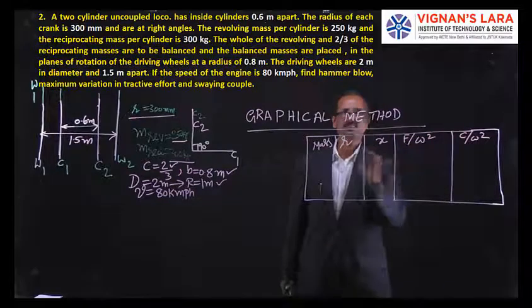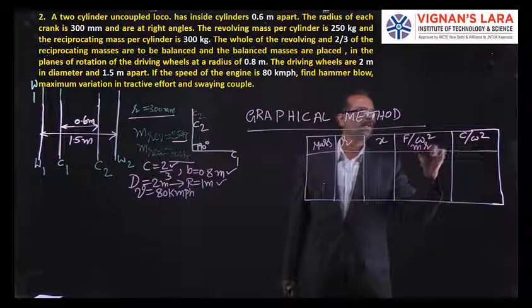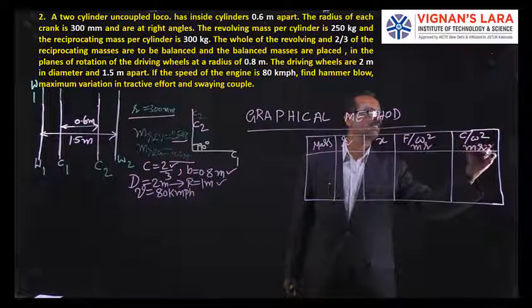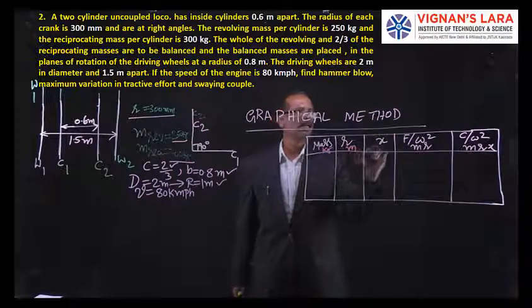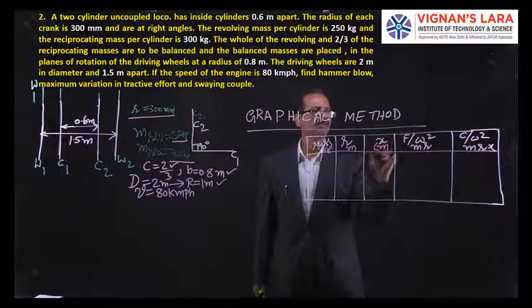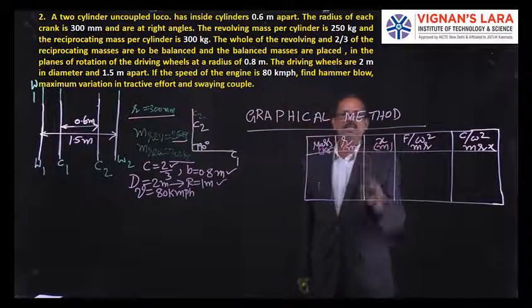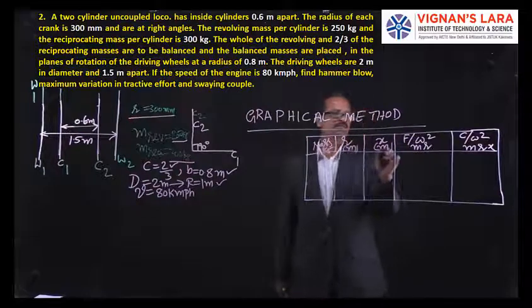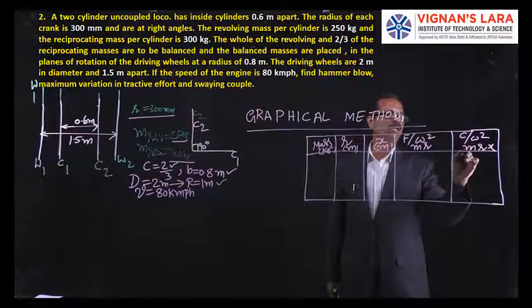This is MR and this is MRX. Mass is in kg, radius is in meters, and the distance from the reference plane is also in meters. F by omega square is MR, and couple by omega square is MRX.